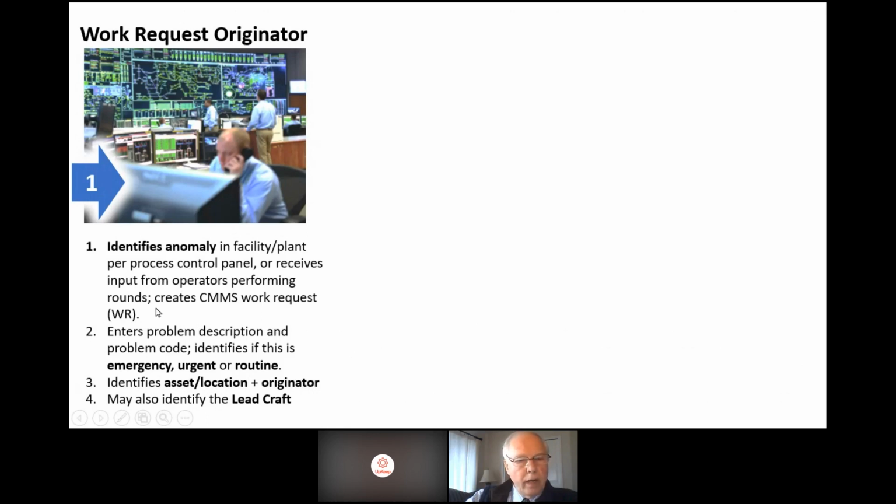However it gets created, and it's called service request or work request, various names. Hopefully, they enter the problem description and a problem code. And furthermore, they identify this is emergency or urgent or routine work. And I need them to identify the building they're in, the location, and the asset ideally.